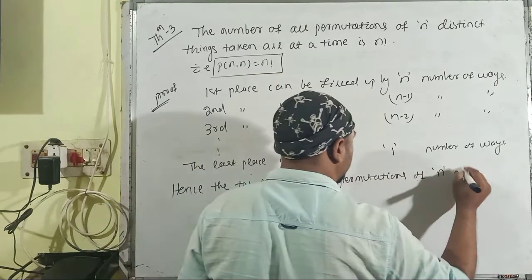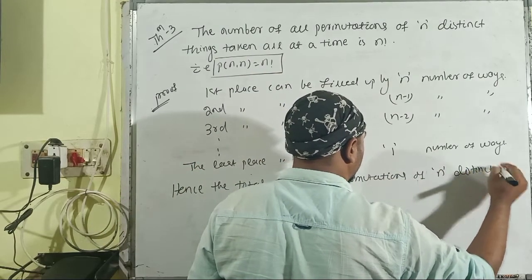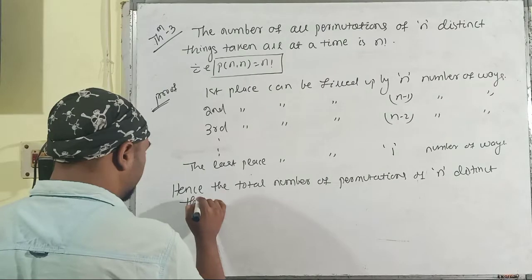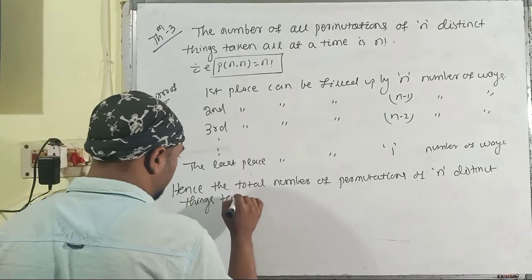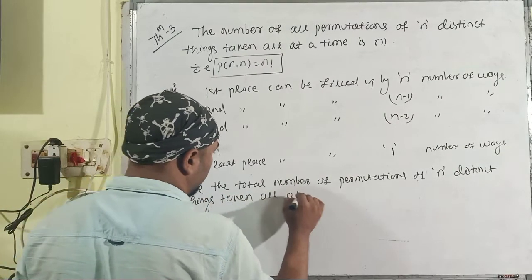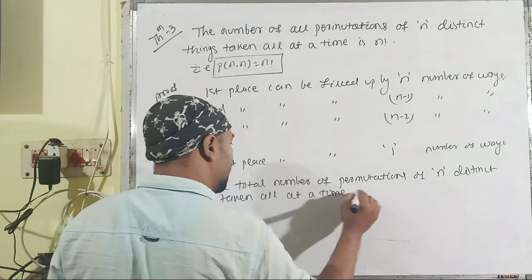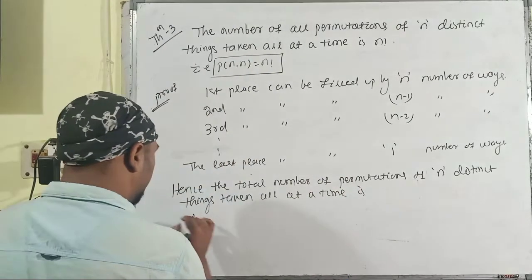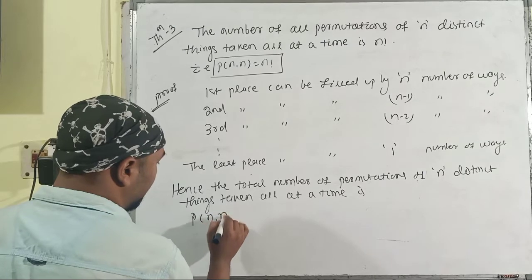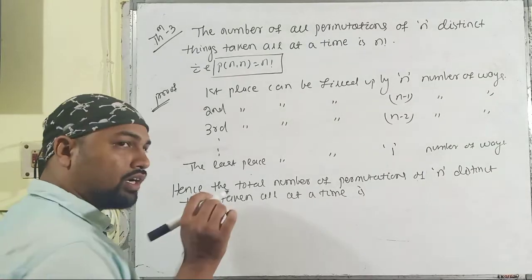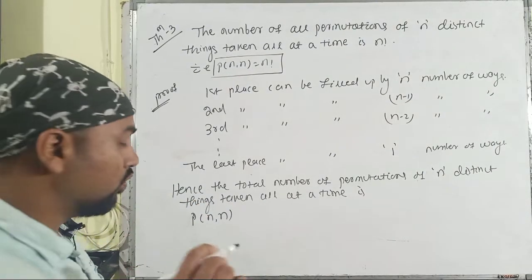hence the total number of permutations of n distinct things taken all at a time is Pnn. In place of r, we have to write n, because here n is equal to r.